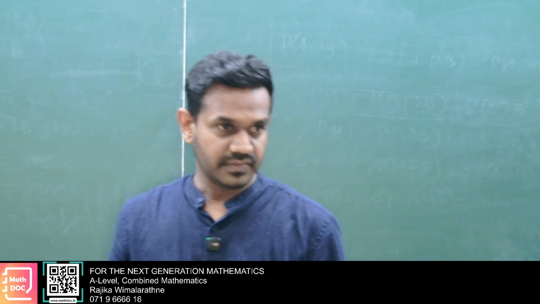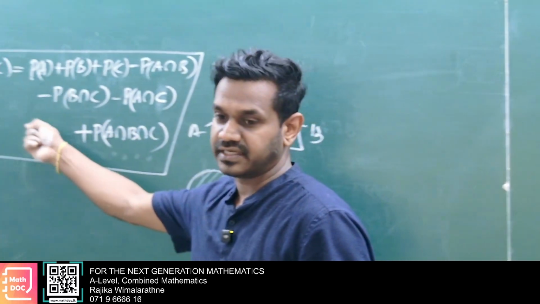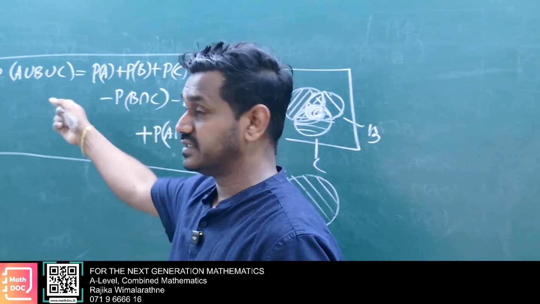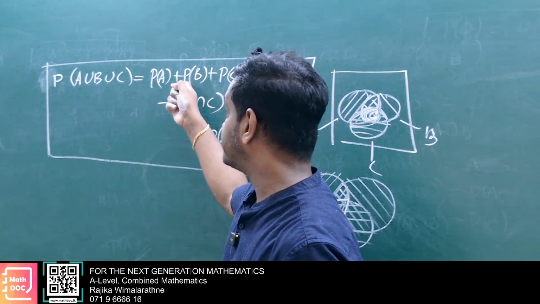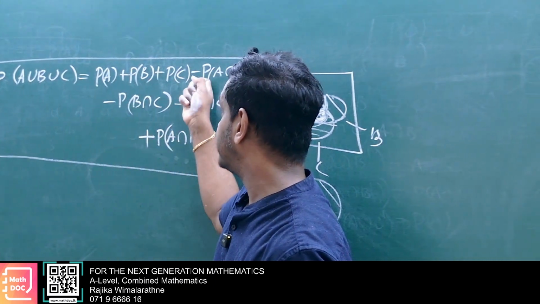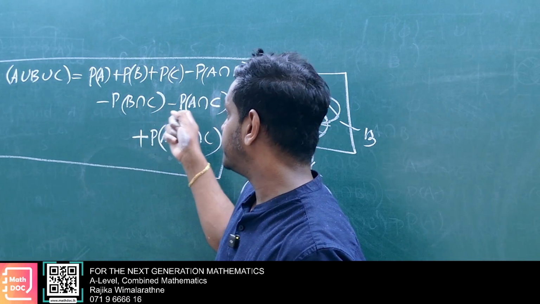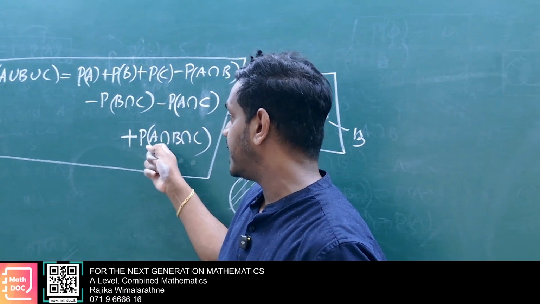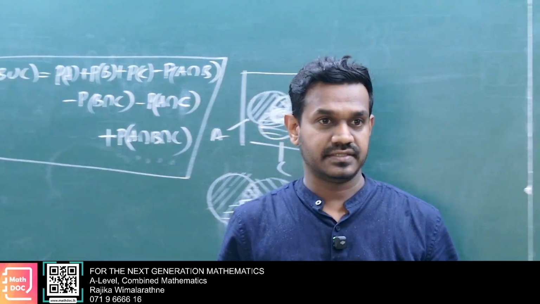Another extension of that theorem is P(A ∪ B ∪ C) equals P(A) plus P(B) plus P(C) minus P(A ∩ B) minus P(B ∩ C) minus P(A ∩ C) plus P(A ∩ B ∩ C).